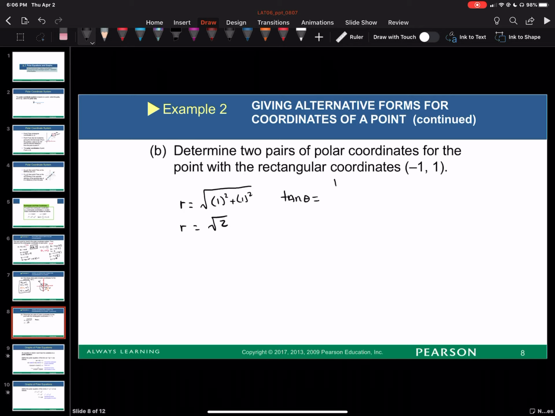Y over x, so we got 1 over -1, which is equal to -1. Now, the same thing, we have to do what? Theta is equal to the tan inverse of -1. And theta should give you roughly 135 degrees.